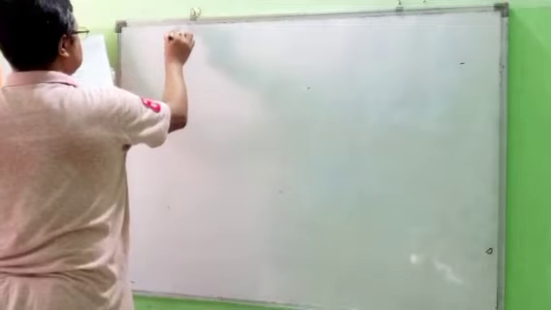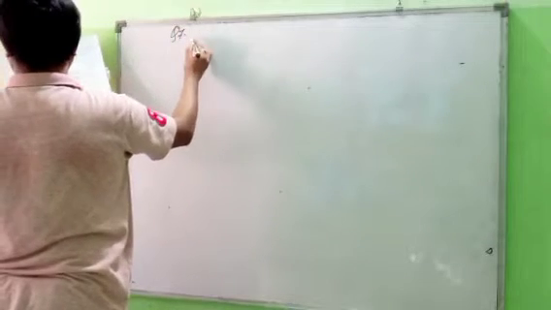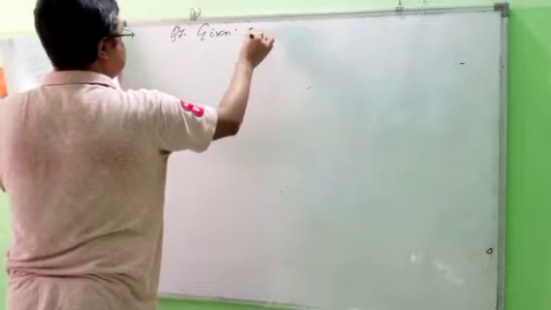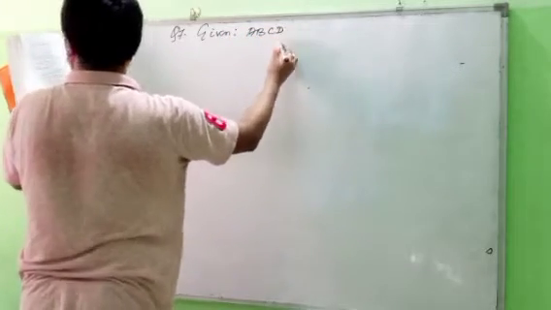Let us take question number 7. Given, ABCD is a rhombus.